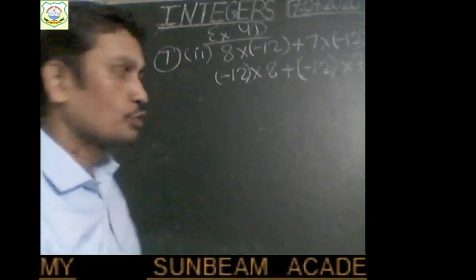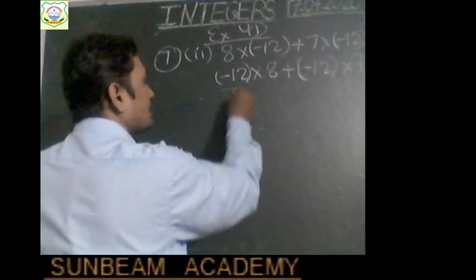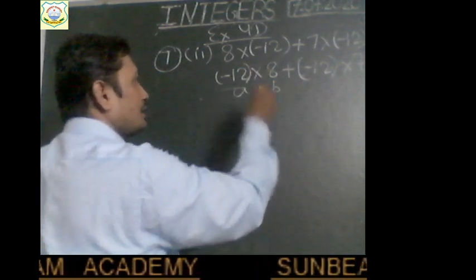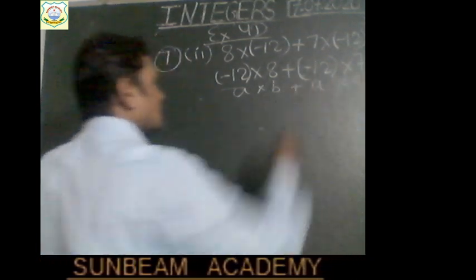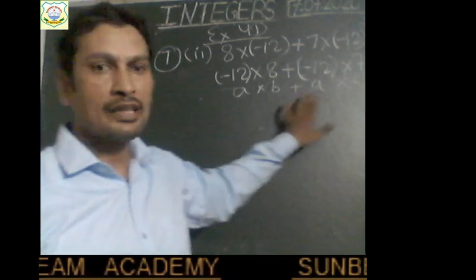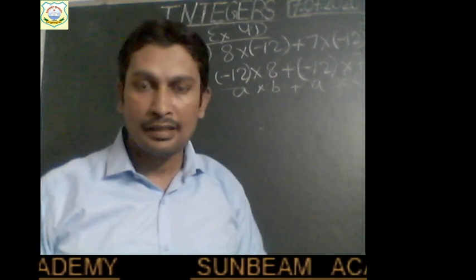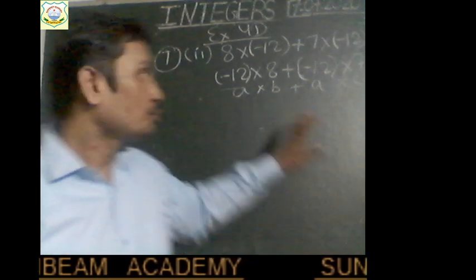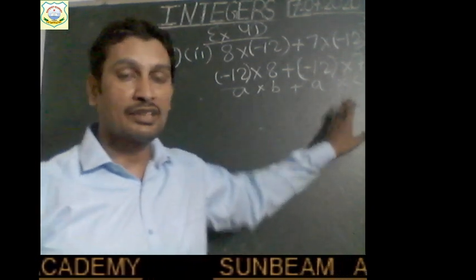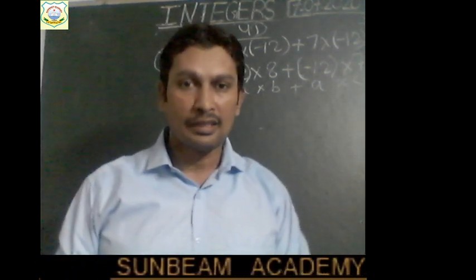So let us see how to solve. Here this one is a into b plus this one is a into c. This is in the form of a into b plus a into c. So which property is this? This is distributive law. So a into b plus a into c is equal to a into b plus c. Right, children?